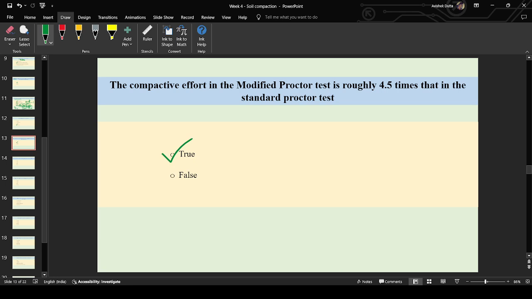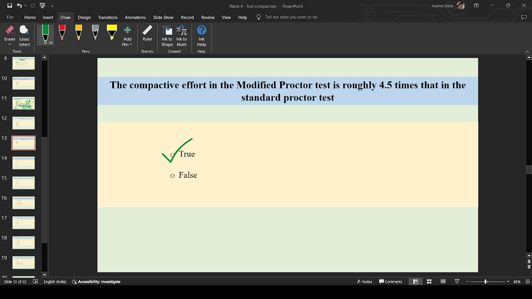What is the approximate value of the compactive energy for the standard Proctor test? I'm asking about the compactive energy in kilojoule per meter cubed, because in that way I don't have to convert what I have written in my notes.